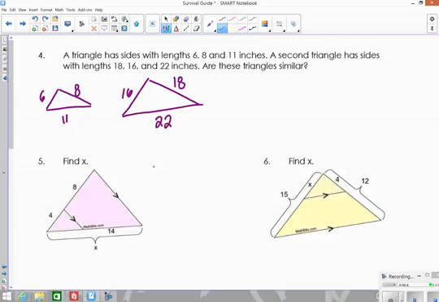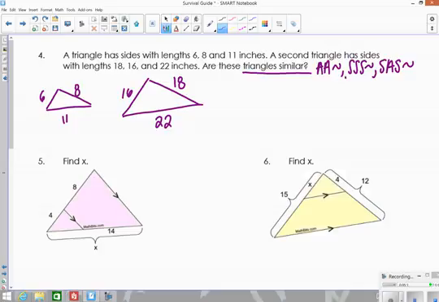If I want to see if these are similar, I have to use one of the methods to prove it. That means I'd have to use angle-angle similarity, side-side-side similarity, or side-angle-side similarity. You could also show all sides are proportional and all angles are congruent, but I don't have any information about the angles.